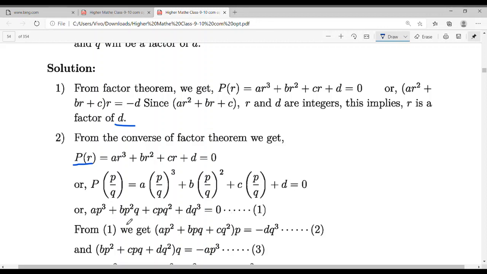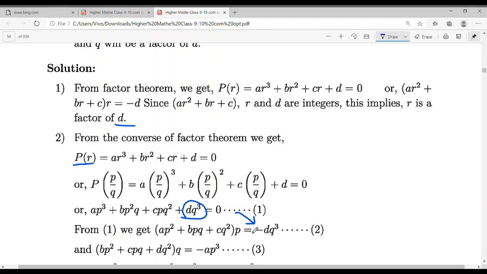AP cube plus BP square Q plus CPQ square plus DQ cube. From here we change the side of DQ cube, then you get this, and taking P as a common factor.